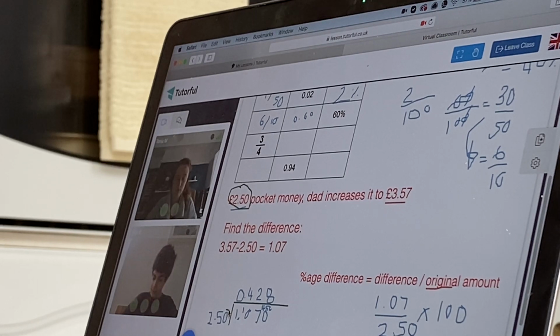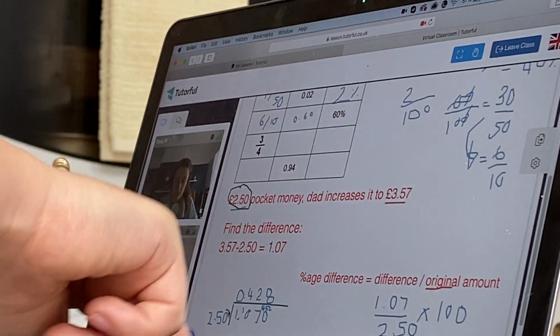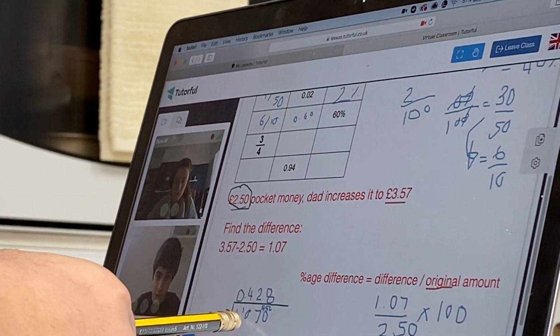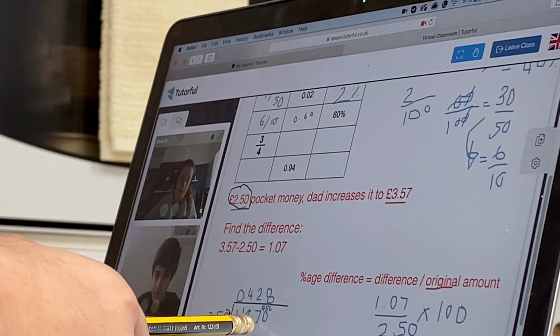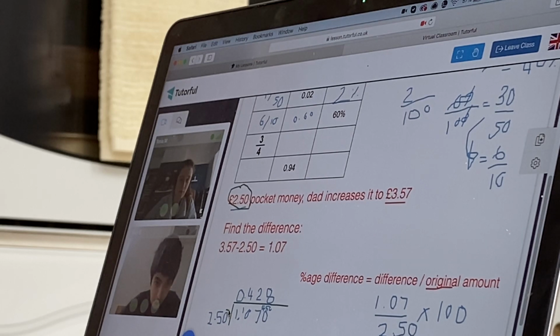Oh, I think I know how they do it. So 0, because it doesn't go into 1, then you put 1 there, and then you carry it into 10, which is 4.